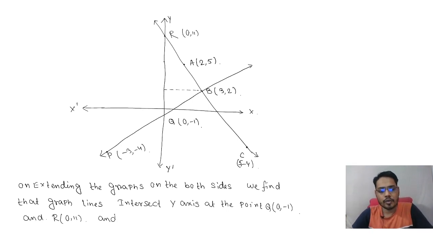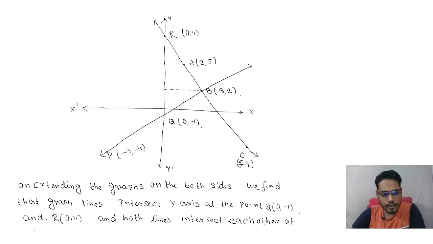And both the lines intersect each other at point B, it is 3 comma 2.